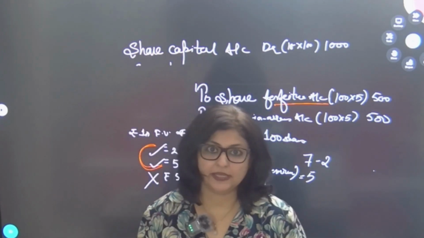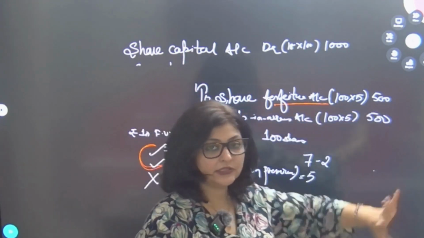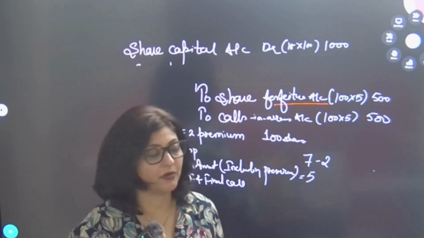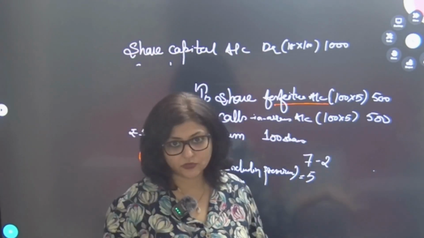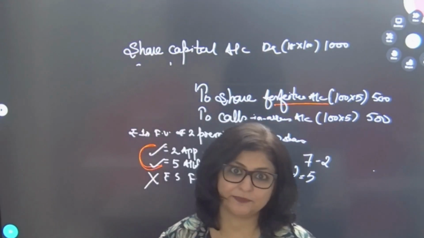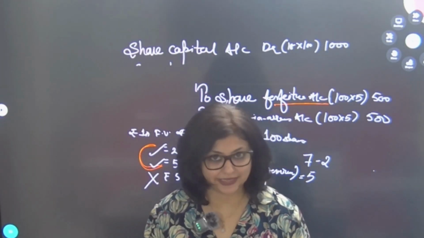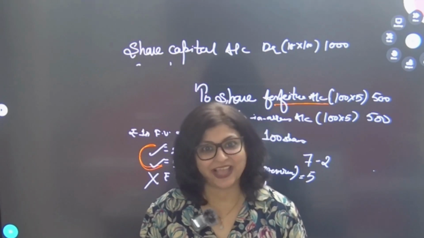If the shareholder has paid the premium amount, in share forfeiture balance, you will deduct that securities premium, and remaining amount only you will multiply with the number of shares and write. Uncalled scenarios, no such segregation is there. I hope you understood this concept also. In the coming videos, we will understand how do we pass the entries for reissue of shares. Thank you so much and have a great day.